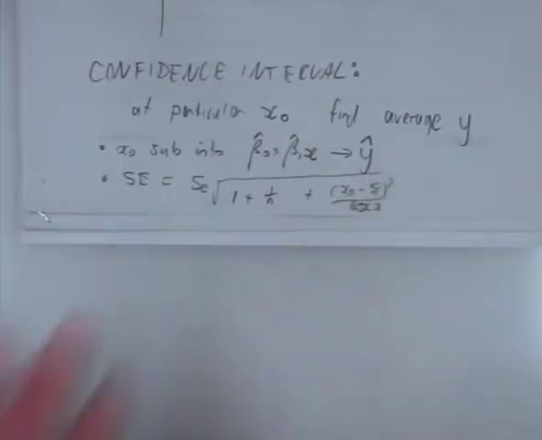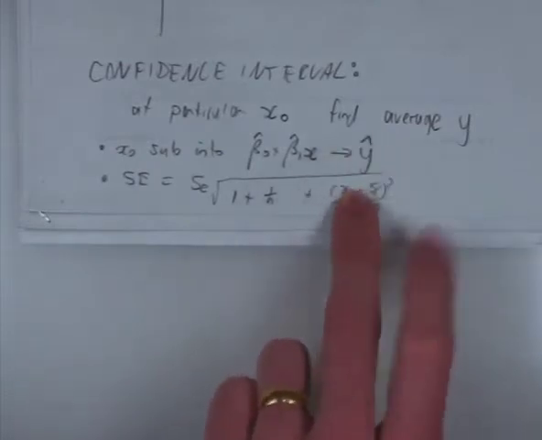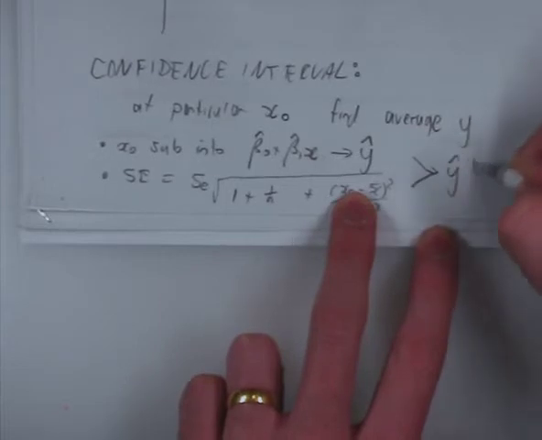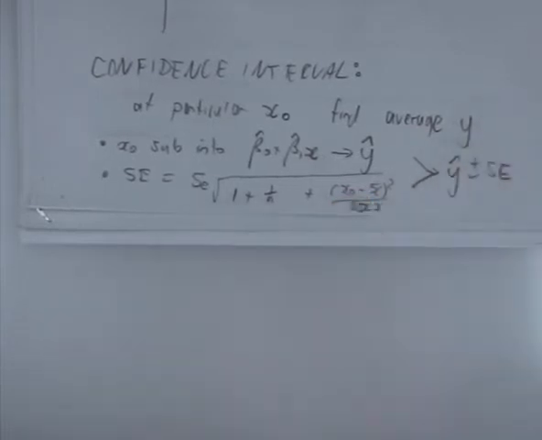Now that's from my formula sheet. Then I get these two answers and I go y hat plus or minus the standard error. And that gives me my confidence interval. That's saying that if x is whatever x0 is, I expect on average that the average oil depth is between the plus and the minus version.